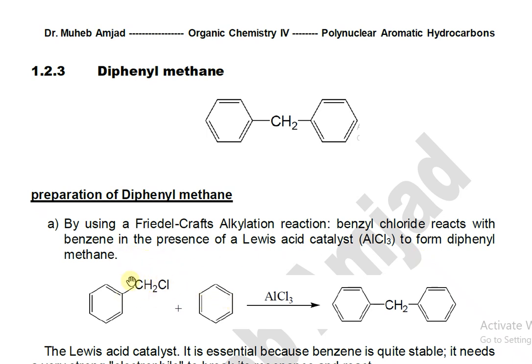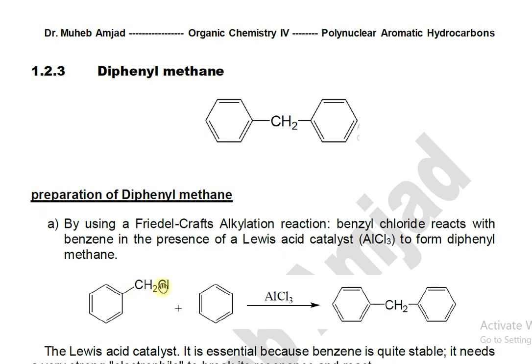That means this is an alkyl halide, not an aryl halide. Why alkyl halide? Because the halogen is bonded to the sp3 carbon, not an aromatic carbon. For this reason, it is an alkyl halide, not an aryl halide. It is an aromatic compound, yes, but it is an alkyl halide, not an aromatic halide.